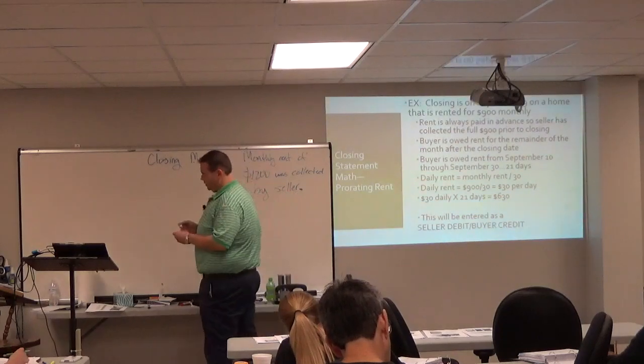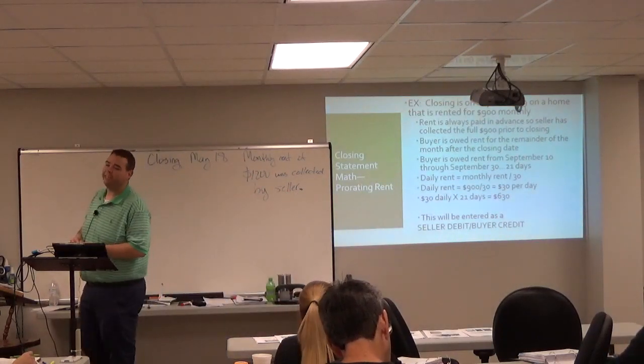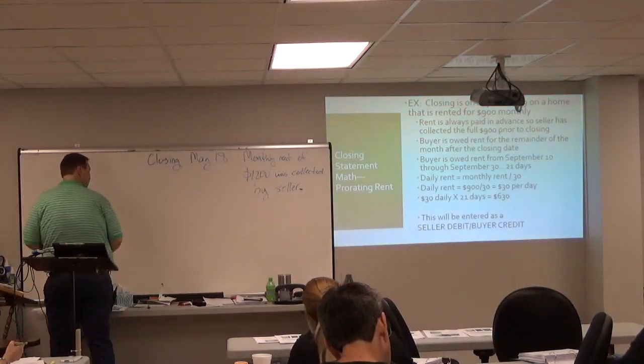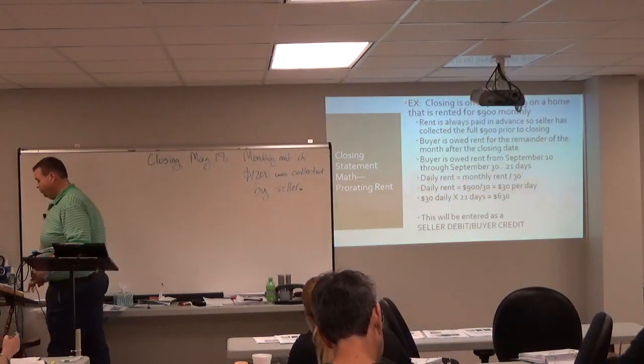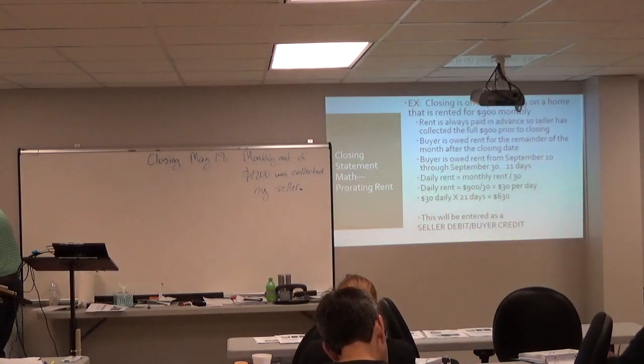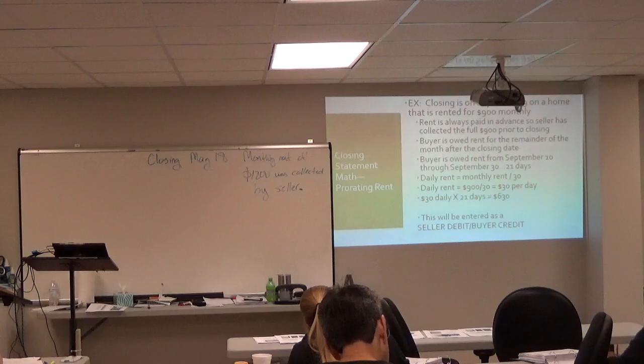I want to know what's going to be the closing statement entry for that rent. What's going to go on the closing statement for rent? Closing on May 18th with monthly rent of $1,200.